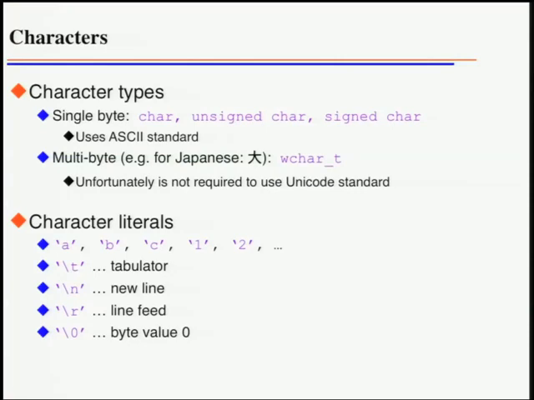There's this wide character, wchar, which you could use for some special characters like Japanese or Chinese symbols. Unfortunately, this is typically not using the widespread Unicode standard. The new C++ standard, C++11, does have formats which require and allow you to use the Unicode standard.